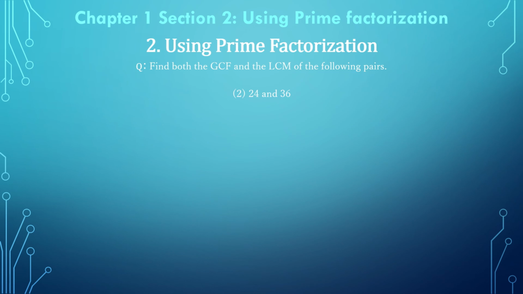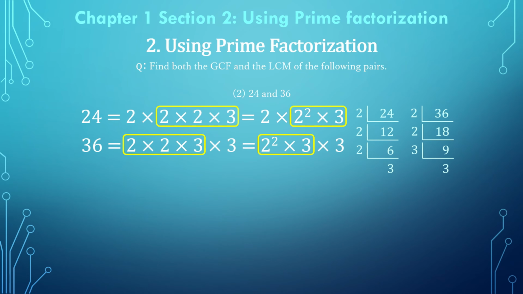You can do the prime factorization the same way with any other numbers. Let's see 24 and 36. If you are okay with elementary school level calculation, you can tell the GCF immediately. However, it is a good idea to factorize them to check if it's correct. 24 is 2 cubed times 3, and 36 is 2 squared times 3 squared.